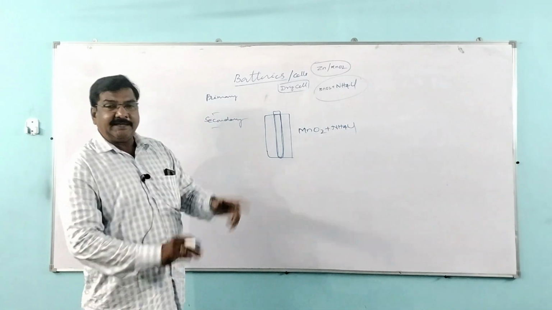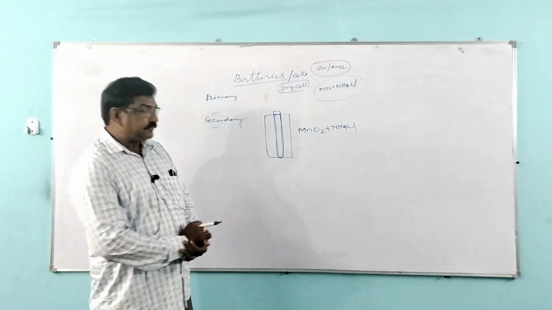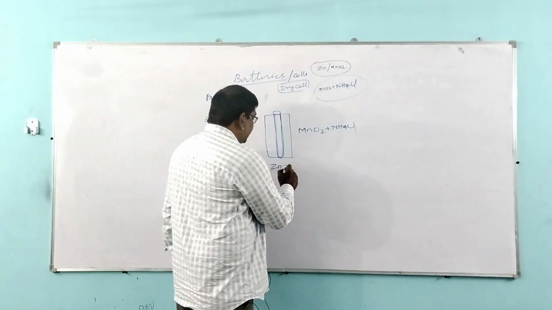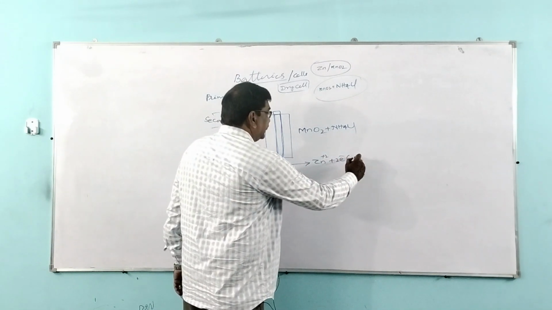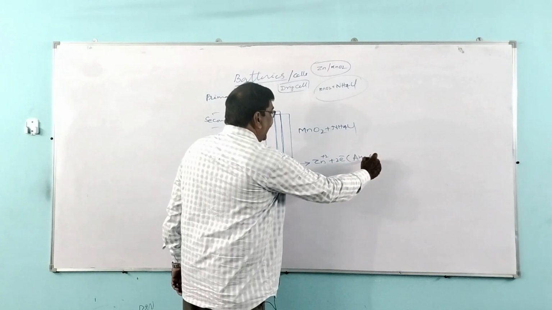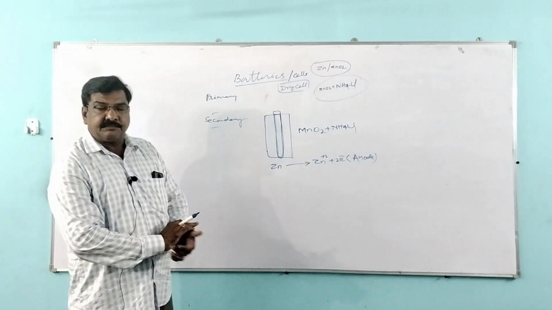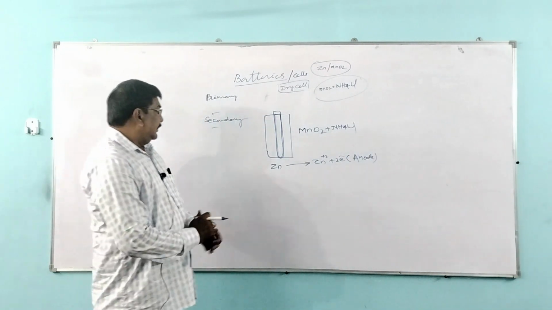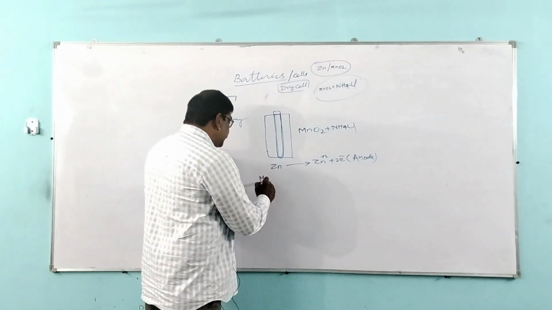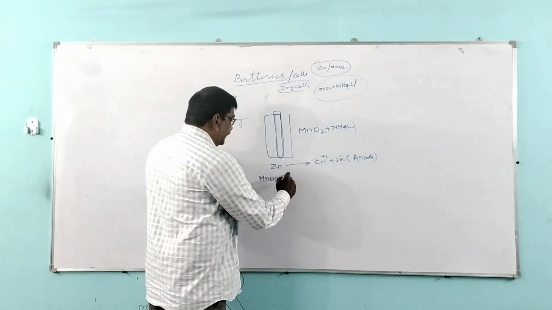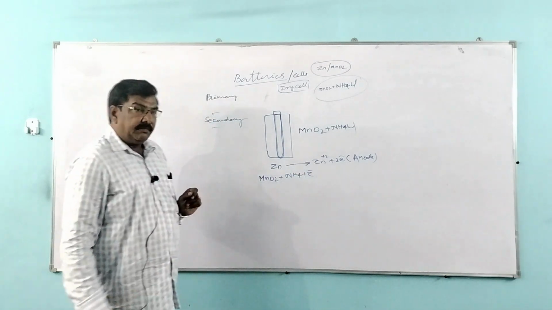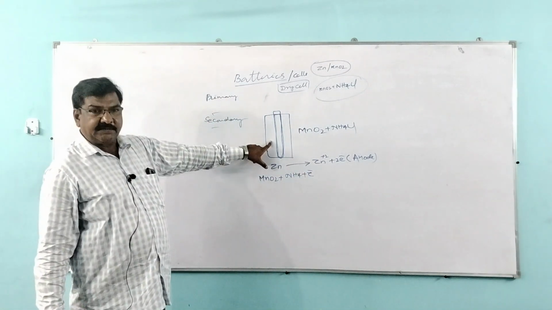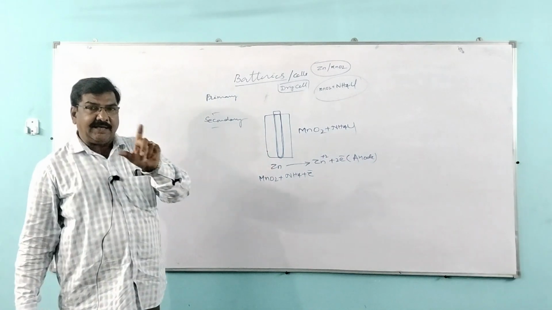Here, the zinc plate acts as anode. It means Zn becomes Zn2+ plus 2 electrons. This is the anode reaction. Whereas MnO2 plus NH4+ present around the graphite rod acts as cathode.